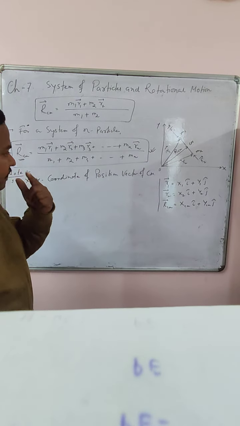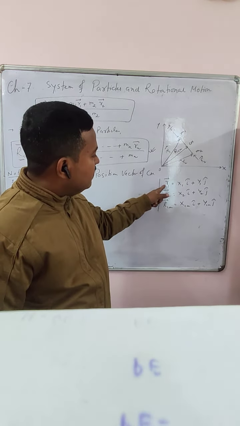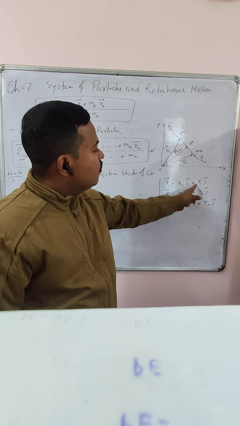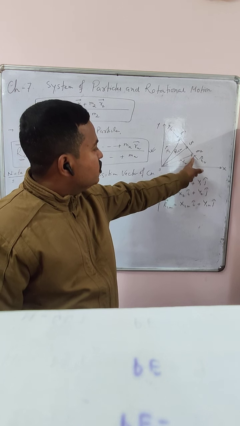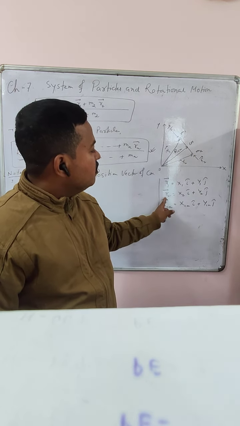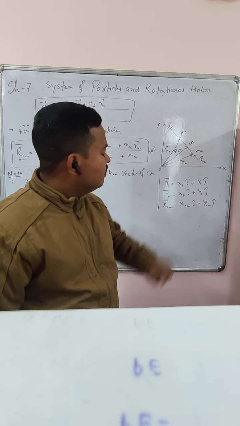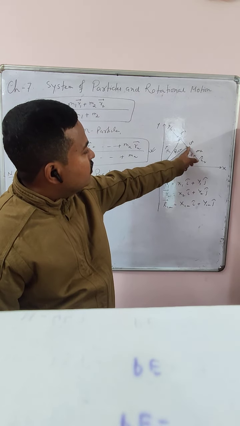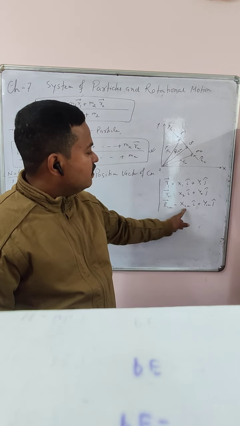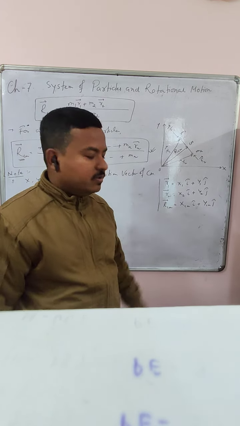So here you see, suppose this is the position vector r1 and its coordinate is x1, y1, so x1 i cap plus y1 j cap. And suppose the position vector of mass m2 is here, with coordinate x2, y2, so r2 will be x2 i cap plus y2 j cap. And this is the center of mass, with coordinate xCM and yCM, so RCM will be xCM i cap plus yCM j cap. This is for two particles.